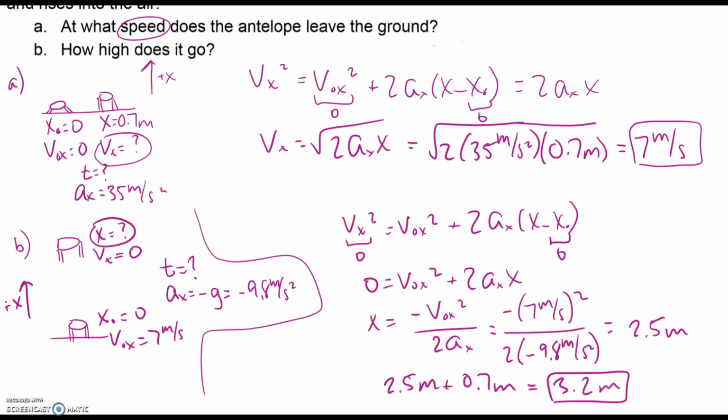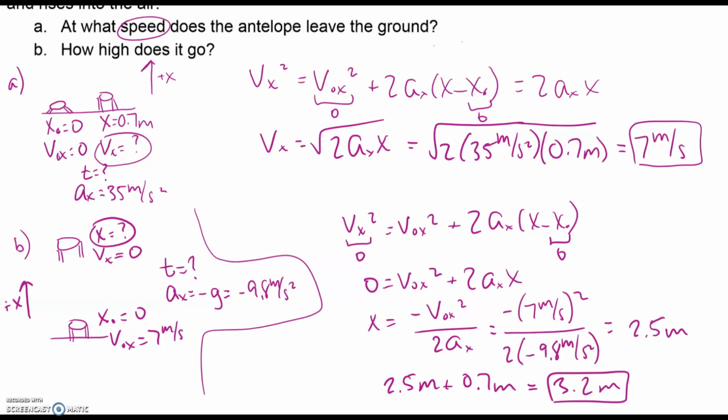And then for the final, we have kind of two options. We could call the final location when it reaches back to the ground. Drawn basically the same, but now its velocity would be negative as opposed to positive, and that's fine.